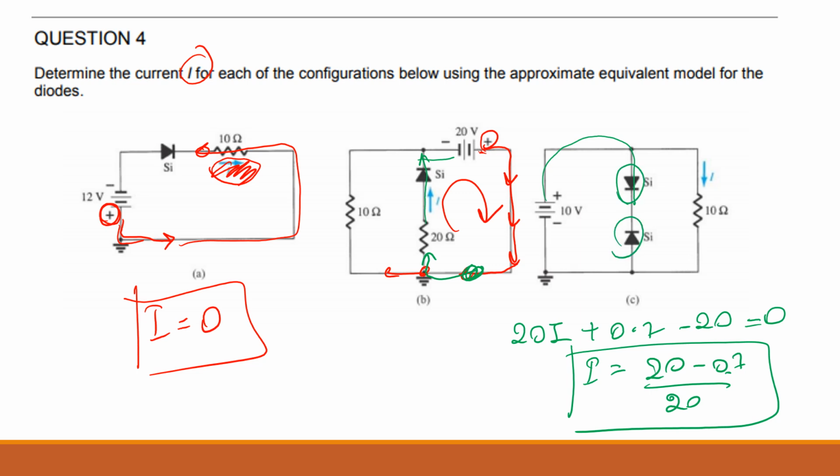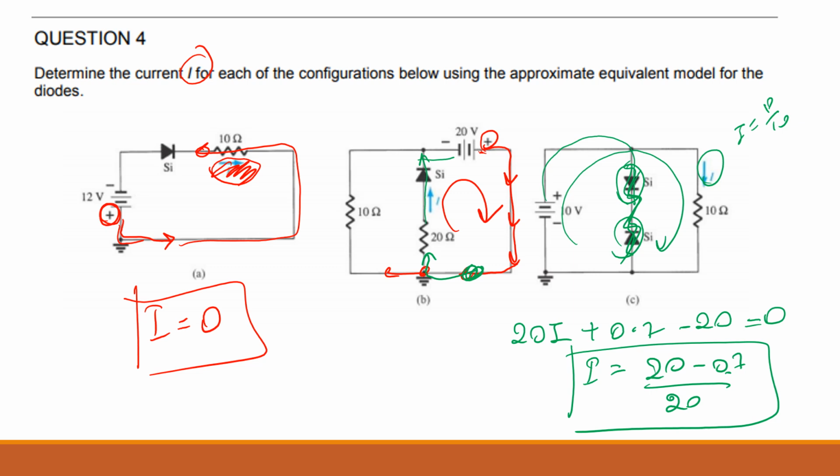One is in the forward bias, the other one is in the reverse bias. So this branch is open. Agree? So the current here, I, is equal to 10 divided by 10, isn't it? Because the whole current is going this way. There is nothing in the middle branch. We can ignore it because that is open.